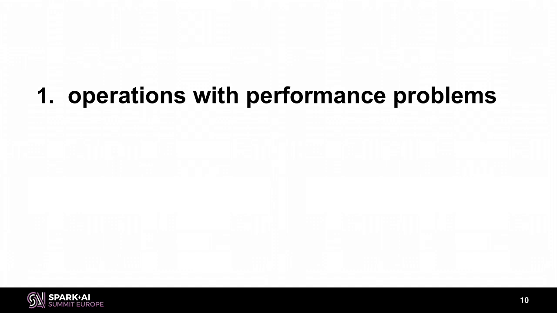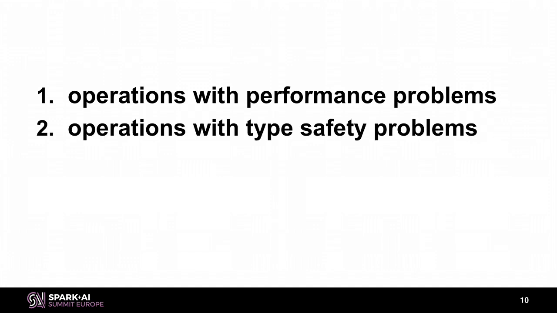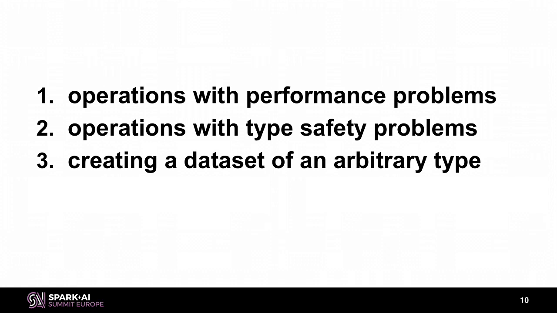Some methods have performance problems. Other methods have type safety problems, despite the common belief. And actually, there's a third problem: when creating a dataset, you cannot create a dataset of an arbitrary type. There is a predefined set of types that are supported out of the box.